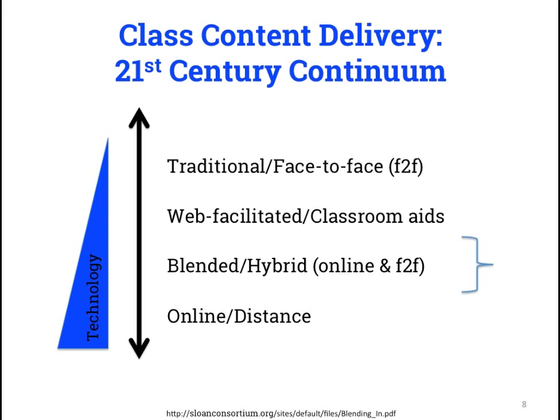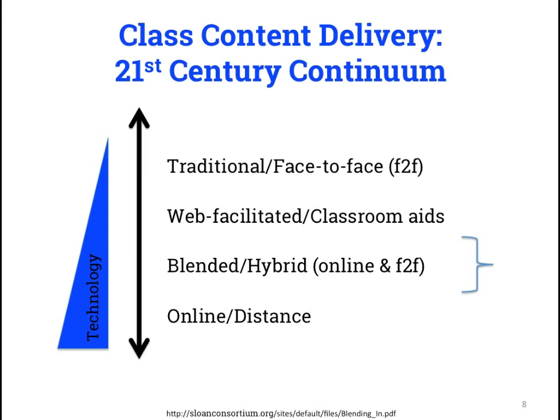Then you have the web facilitated model where about 1 to 29% of the content is delivered online. So in this case, usually web-based technology is used to facilitate what is mostly a face-to-face course. You may use a course management system, for example, or you may use classroom aids such as technology within the classroom, but it's still essentially a face-to-face class.